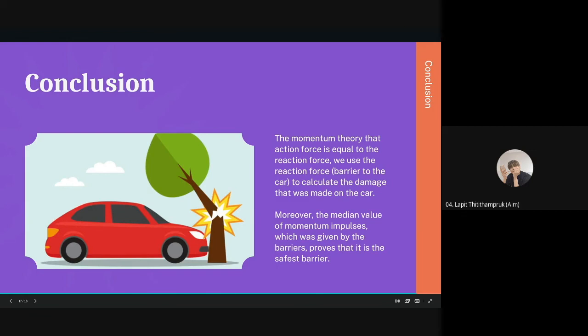Due to the momentum theory that action force is equal to reaction force, we use the reaction force from the barrier to the car to calculate the damage that was made on the car. Moreover, the median value of momentum impulse, which was given by the barriers, proved that it is the safest barrier.